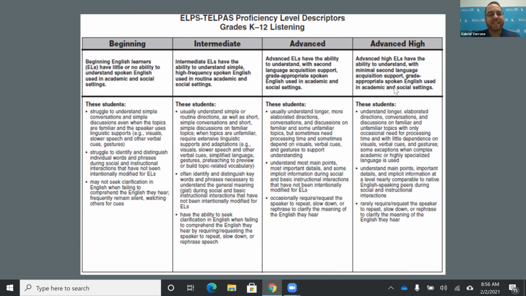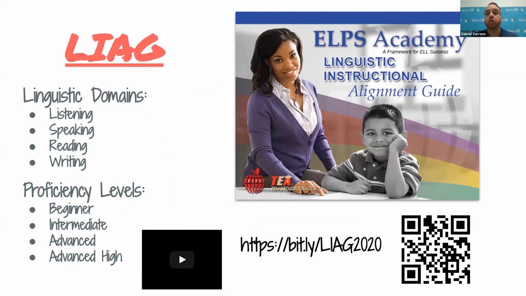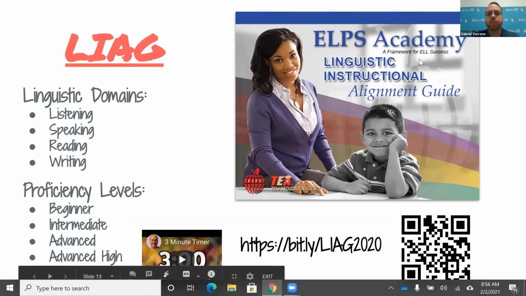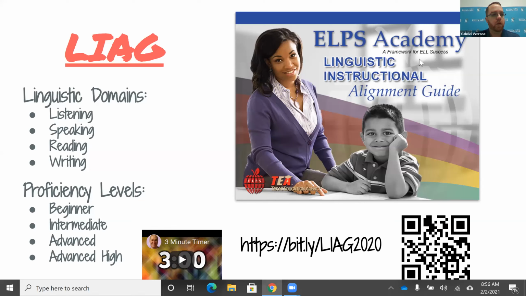All right. So as we think about how do we meet each of those bullets, how do we serve the students and help teachers to serve those students, I want you to go ahead and open up the LIAG. I'm pretty sure I put it in the chat. I don't know if some of you may have joined after that, so let me drop it in there one more time. But the LIAG, and hopefully you've seen this resource before, but if not, it is a linguistic instructional alignment guide.